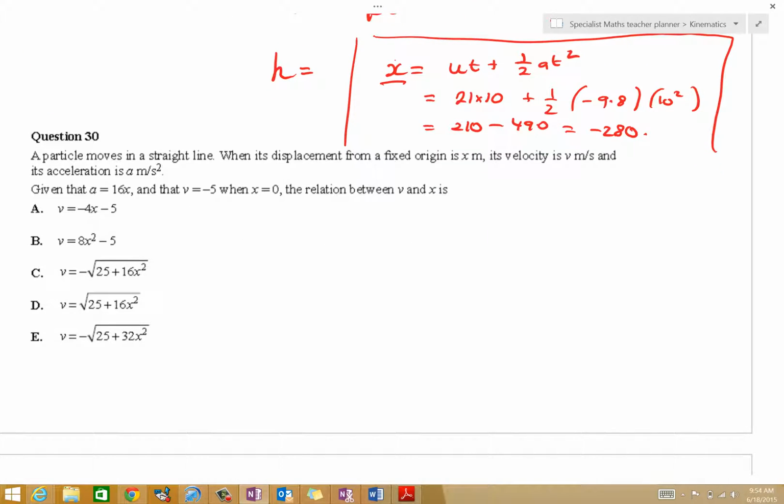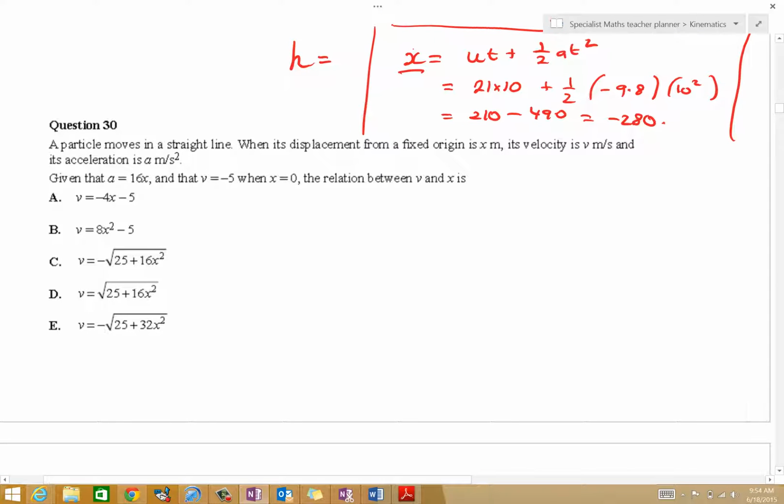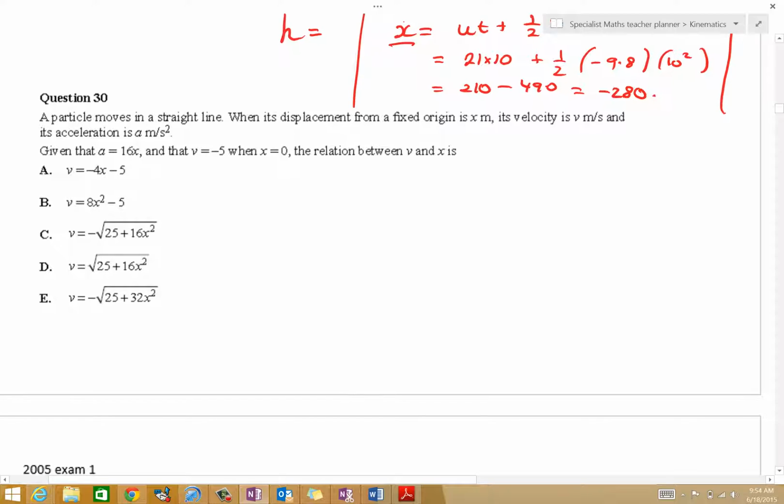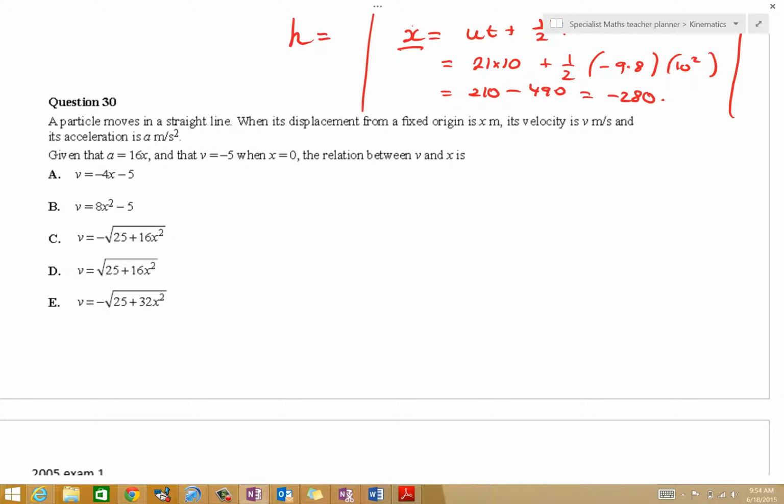Now, this time I want you to be able to use... Now think about it. A particle moves in a straight line when its displacement from a fixed origin is x meters, its velocity is v, and acceleration is a. Given that a is equal to 16x and v is equal to minus 5 when x equals 0, find the relationship between v and x.